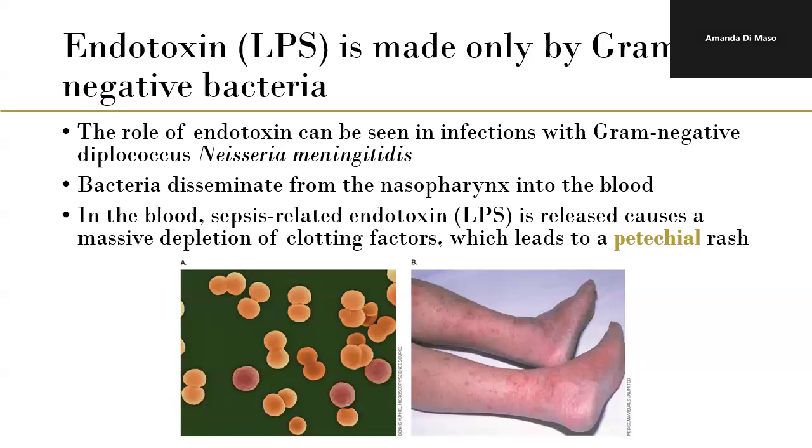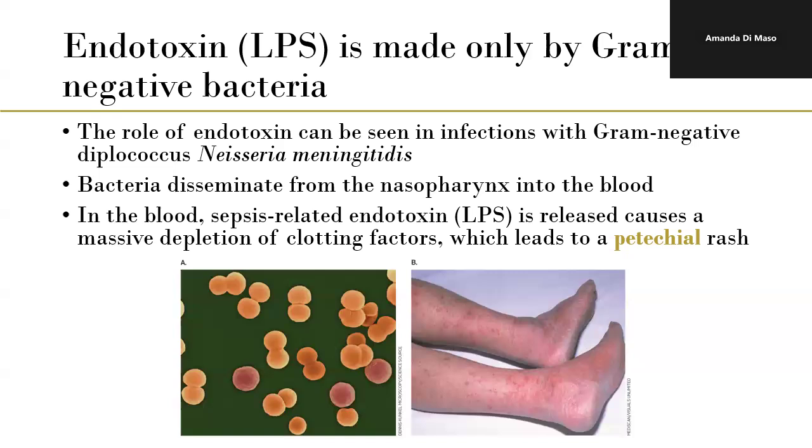Now, in the case of this bacteria, it will cause a massive depletion of our clotting factors. It'll keep the body from producing more, and it will also kind of bind up whatever is available, for lack of a better word. When this happens, we have massive clotting all throughout our capillaries, and that leads to basically mini thromboses everywhere.